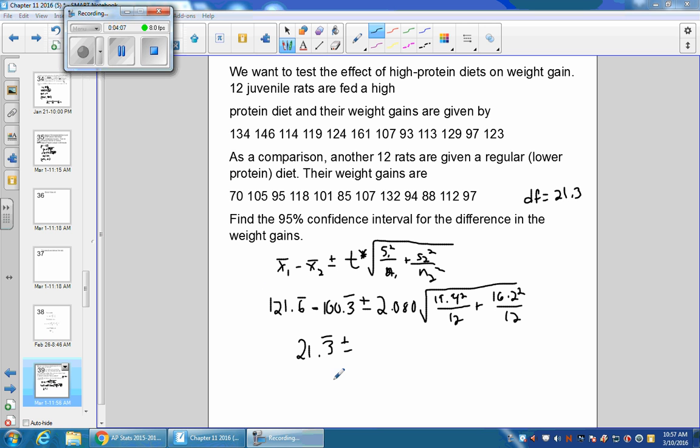And when I do all the math, I get 15.17 or 18. So now I just subtract that and add that to our point estimate, and that'll be our confidence interval. So 21.3 minus that answer, I get 6.12. 21.3 plus 15.17, I get 36.5 or 47.